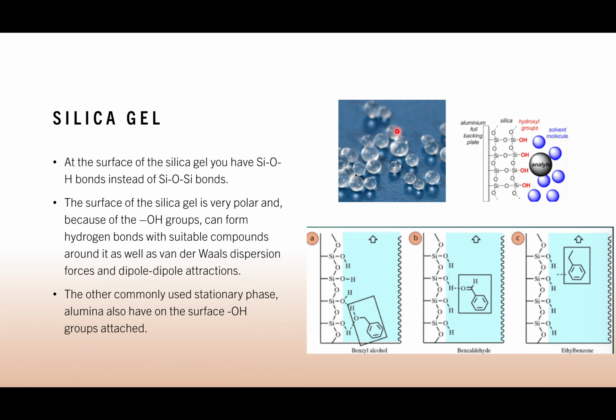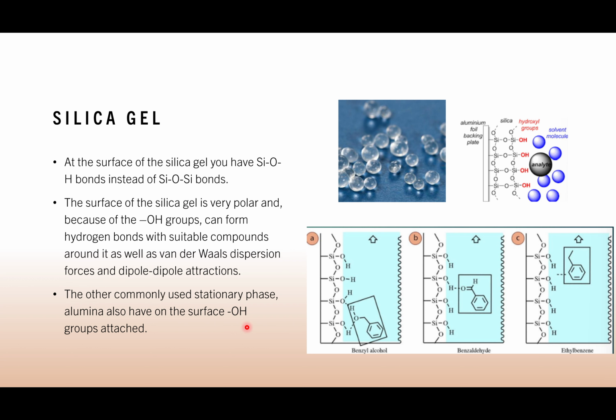Silica gel specifically is an example of a stationary phase. At the surface of silica gel, you have silicon-oxygen-hydrogen bonds, instead of silicon-oxygen-silicon bonds. So the surface of silica is very polar, and because of the OH groups, it can form hydrogen bonds with suitable compounds around it, as well as van der Waals dispersion forces and dipole-dipole interactions.